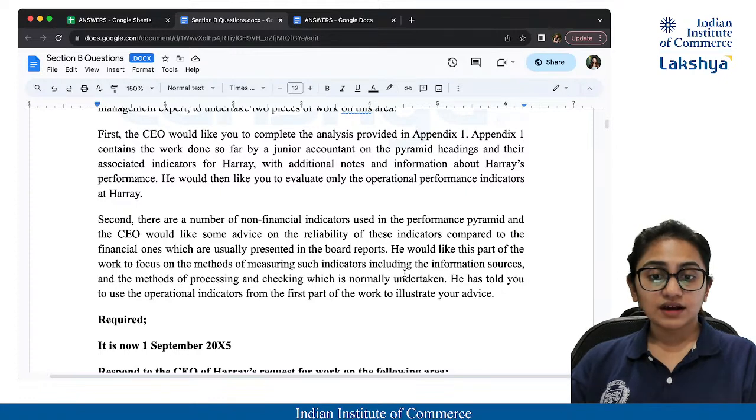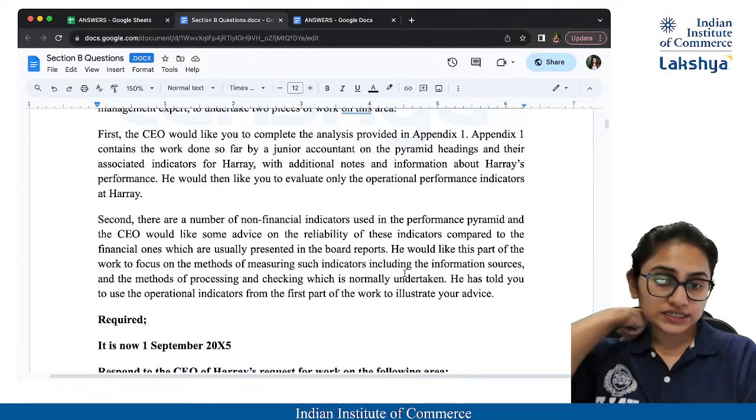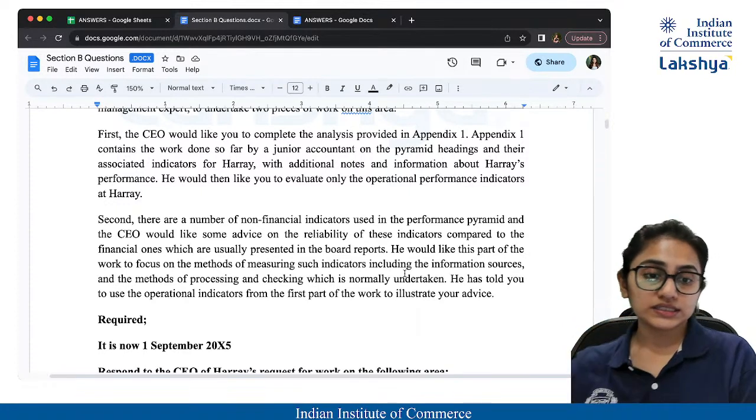Second, there are a number of non-financial indicators used in the performance pyramid, and the CEO would like some advice on the reliability of these indicators compared to the financial ones, which are usually presented in the board reports. You would like this part of the work to focus on methods of measuring such indicators, including the information sources and the methods of processing and checking, which is normally undertaken.